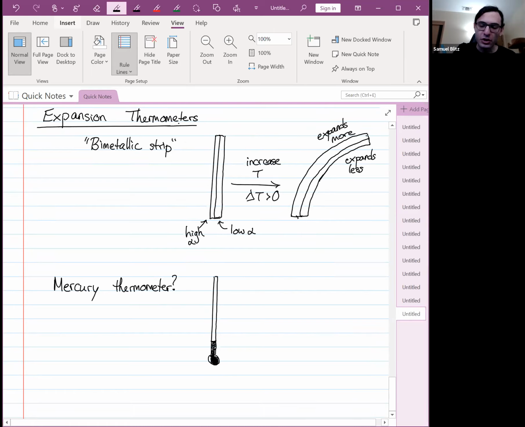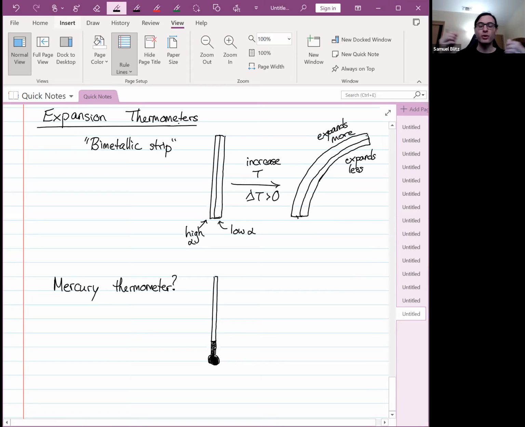You put a bulb at the bottom so that there's a substantial amount of mercury in there, but the tube is really, really thin. At a certain temperature, it will only go up so high. The bulb at the bottom isn't getting bigger, but the mercury, because there's a lot of it, will expand and take up more space.